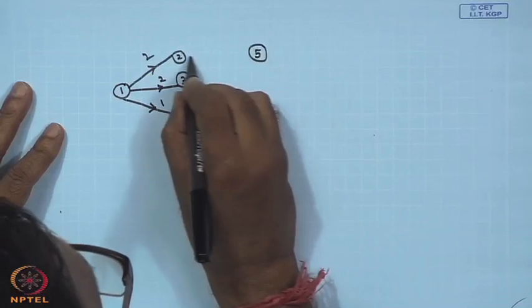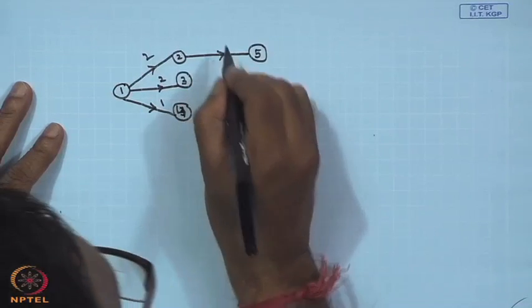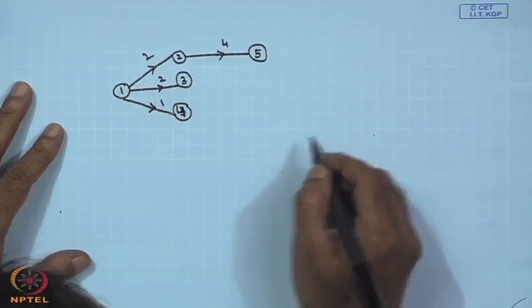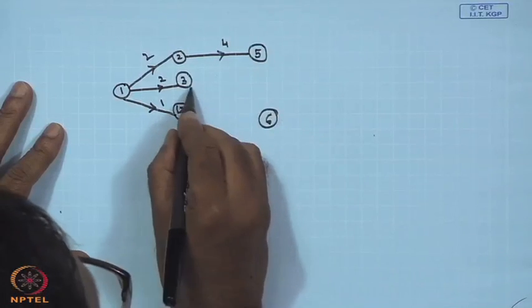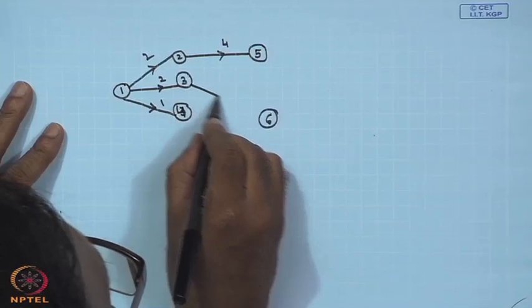I am not explaining this now, because it is the same as we explained in the first problem. From 3 to 6 it will come, 3 6 is there.